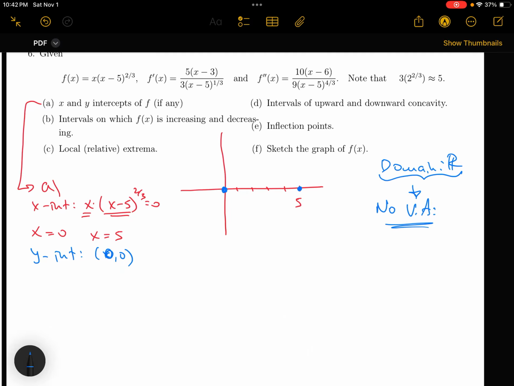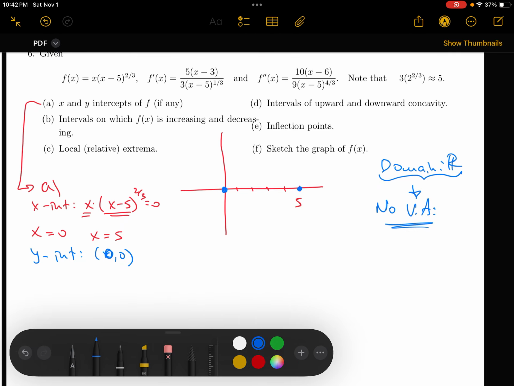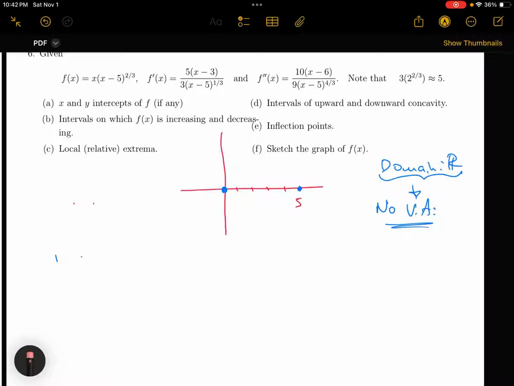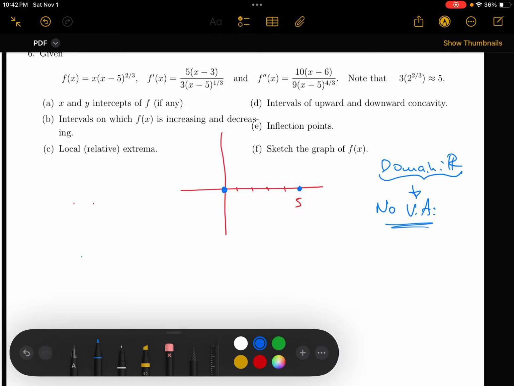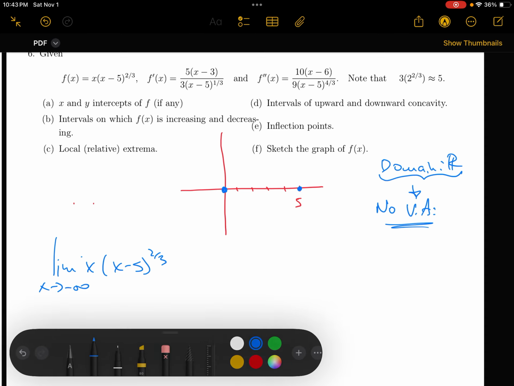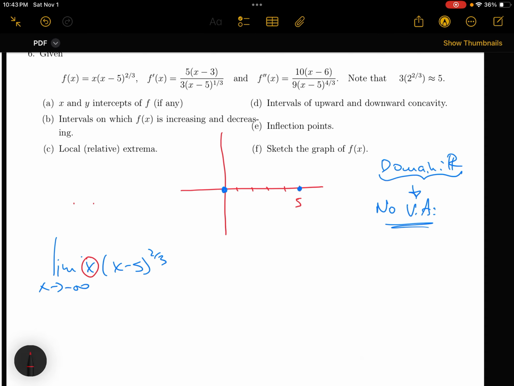Although in this question you're not asked to find horizontal asymptotes, I'm just going to calculate this limit in order to know what happens with my function as we send x to positive or negative infinity. So the limit of x times x minus 5 to power 2/3 as x goes to negative infinity. Let's see what happens with this limit. This one goes to negative infinity.